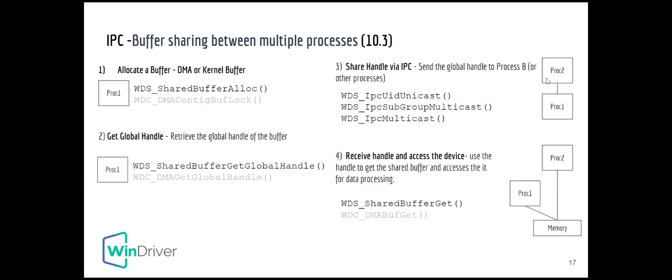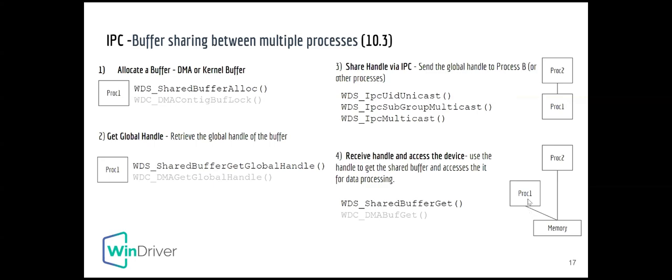It needs to share the global handle using a unicast, a subgroup, or multicast. We saw how these messages are sent. And then the other process receives the handle and is able to access the device and the data, the buffer, and everything. So you can do it with the device itself, but I will demonstrate it with the memory.